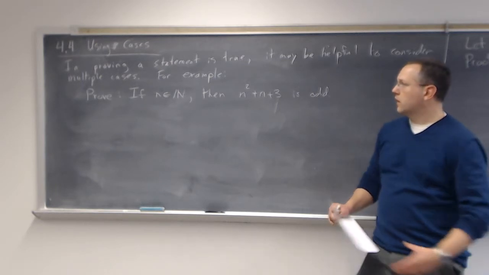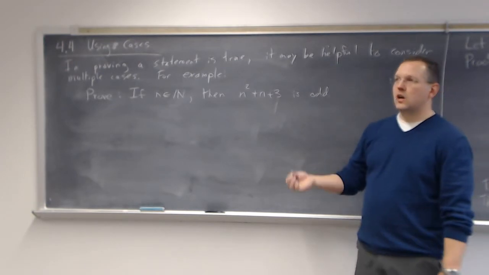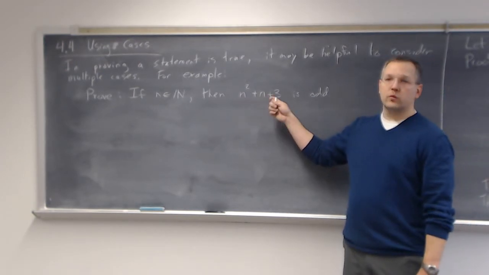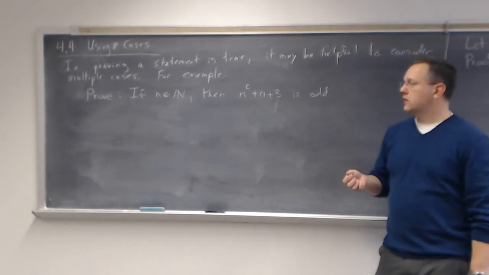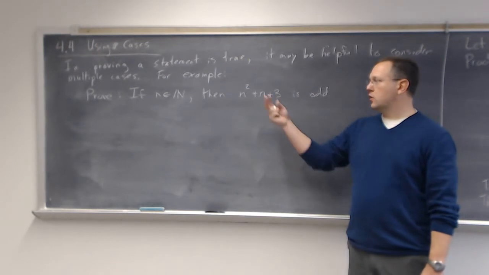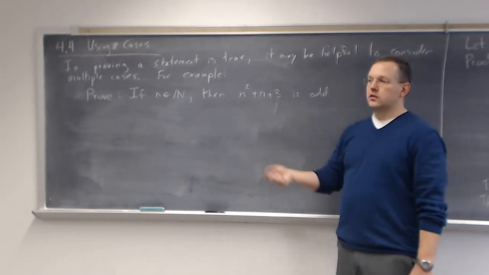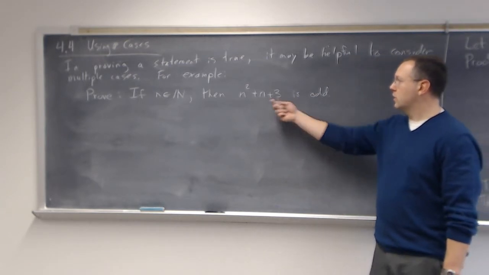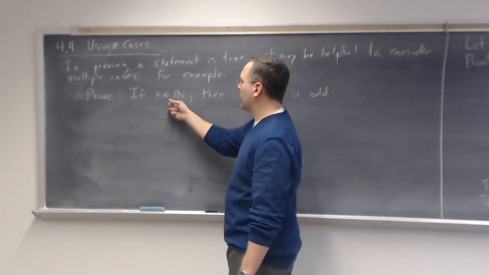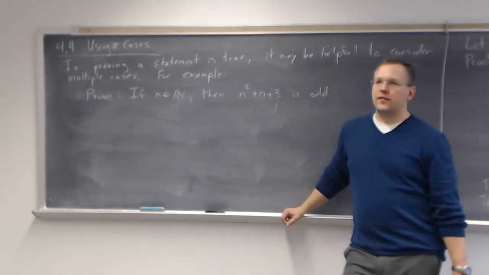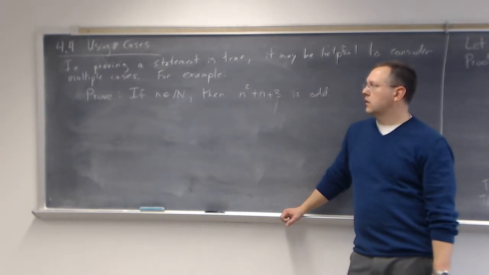You start out with an odd integer, so if n was odd, then some quadratic in n was also odd. If you know the definition of odd, you could just go straight forward: n is odd, therefore n looks like 2 times an integer plus 1, and you know what this means. But here, what does it mean? You can't unravel the definition of n is a natural number. There's nothing really more to do.